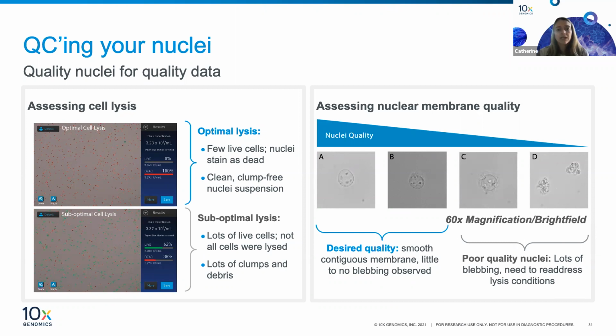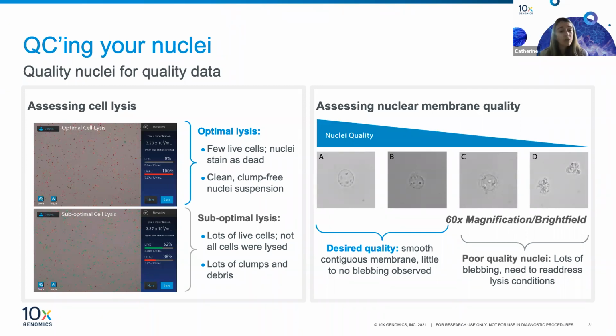What we do not want to see is what we can see in C and D, where the membrane is compromised. We're getting extensions of that membrane, it's opening up, and this is what we call blebbing. If we're seeing nuclei that look like this, we would need to readdress our lysis conditions.